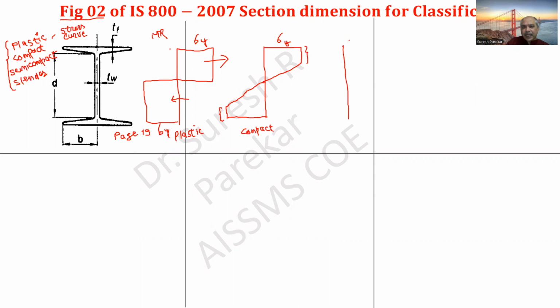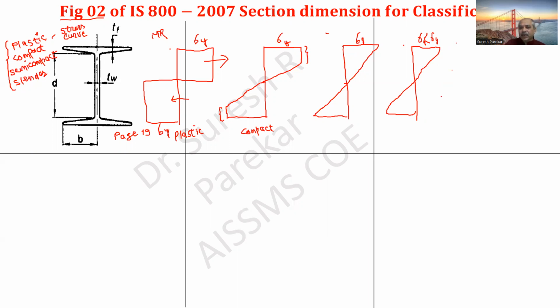We have only the end fibers at sigma y, and the others reduce, becoming 0 over here. And what is slender? In slender, you may have local failure, or even your end fibers are not going to reach sigma y. We are not going to prefer this, because in this we are not going to get the maximum value.